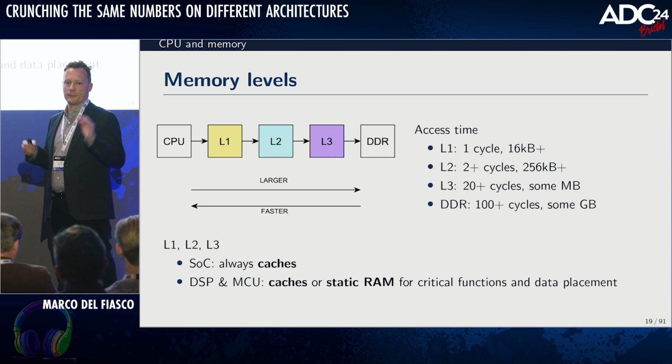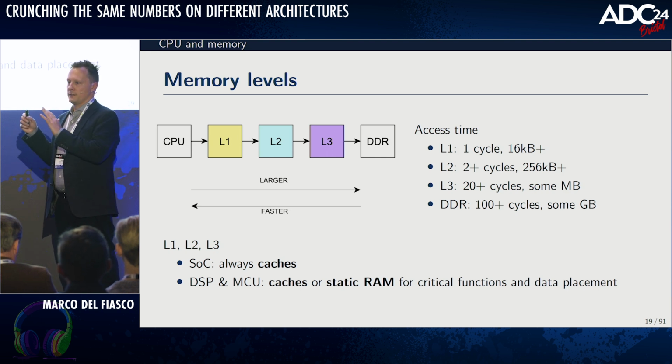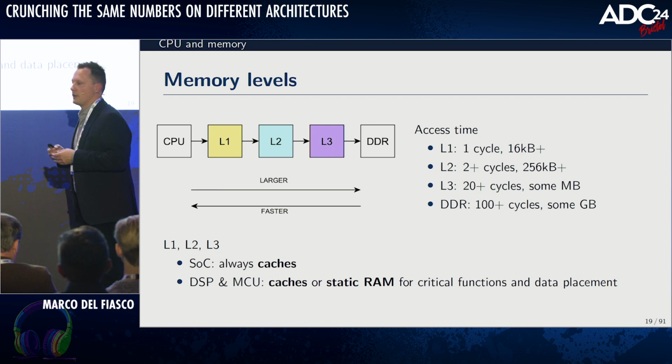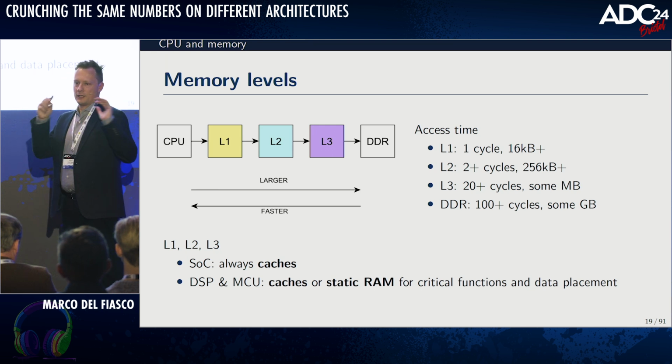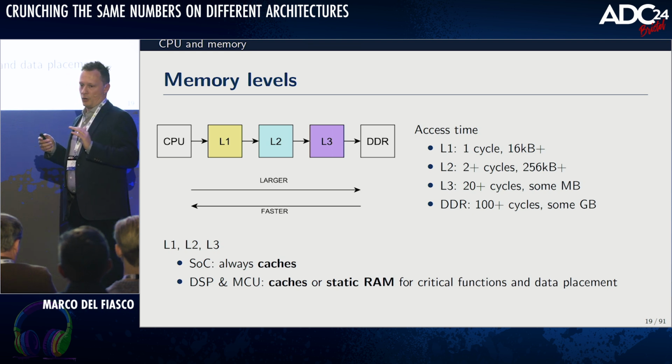This means that the programmer has control of where to place arrays of data. So if doing static allocation, typically you assign the most sensitive data to the level 1 memory because it's faster. But of course, it's smaller, so we always need to find some trade-off.